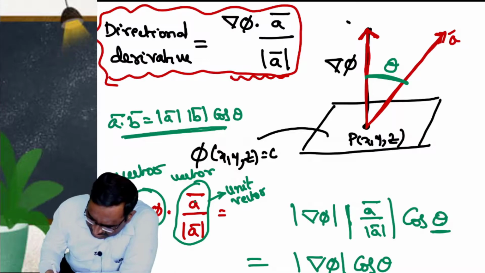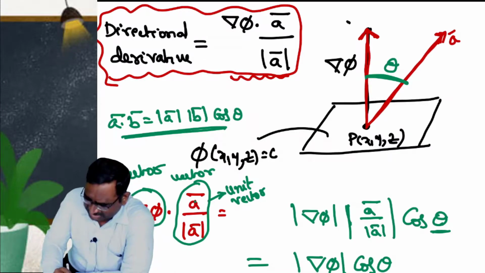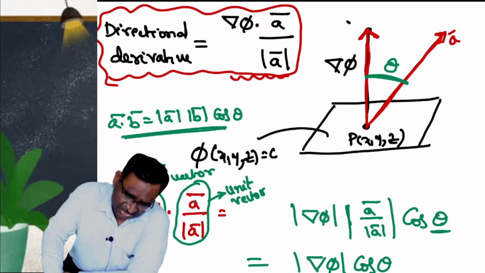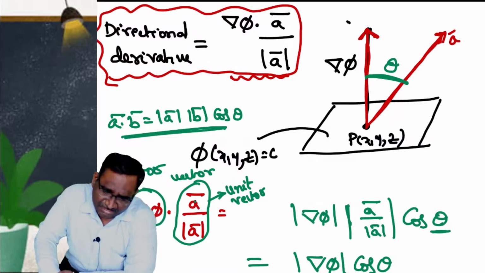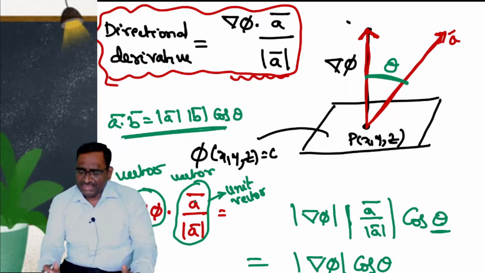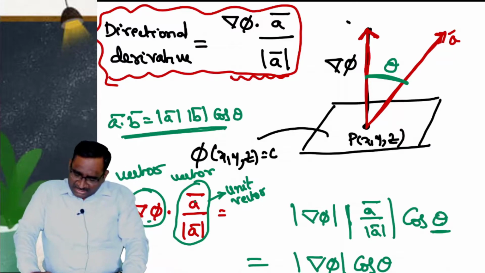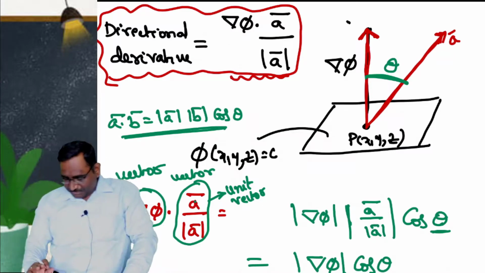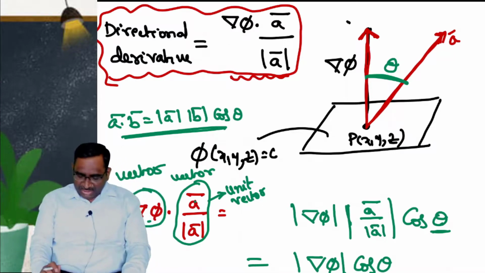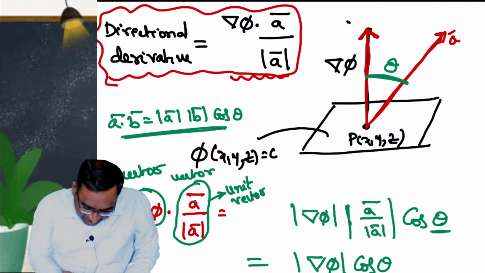Cos theta is a scalar quantity, and modulus of del phi is a scalar quantity. So the directional derivative at a given point is always a scalar quantity. Now another most important point.